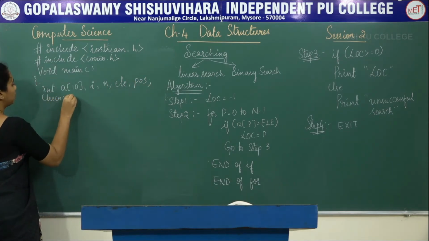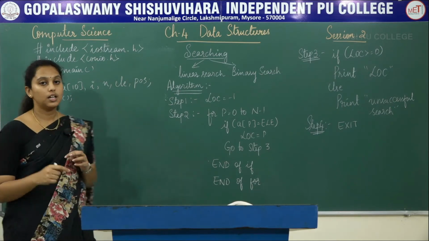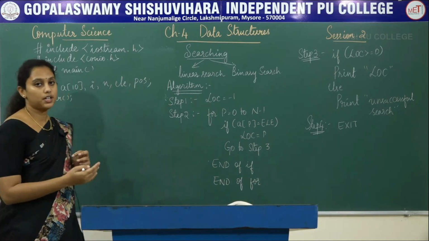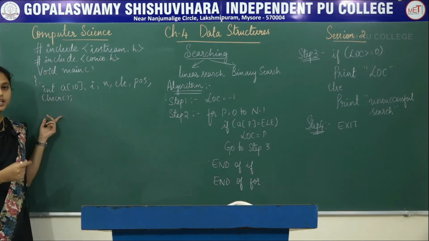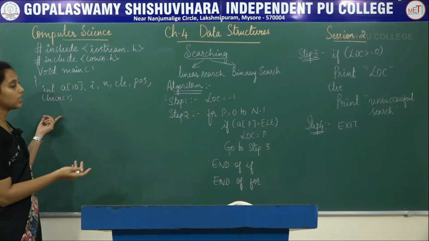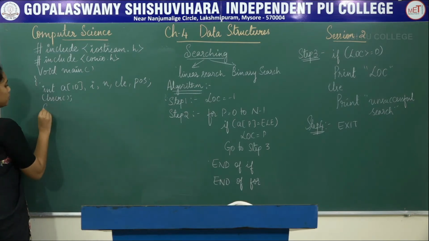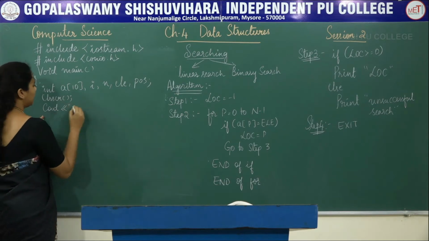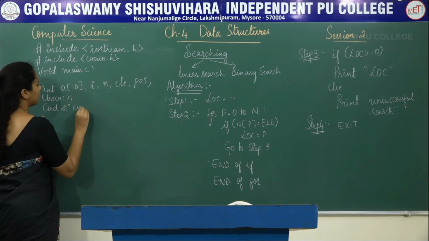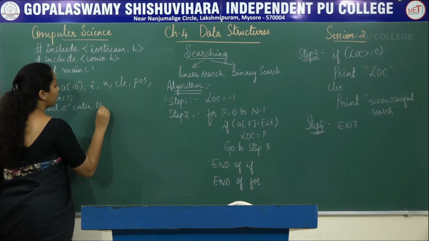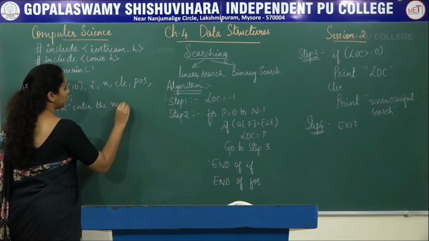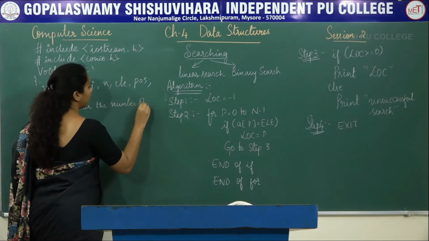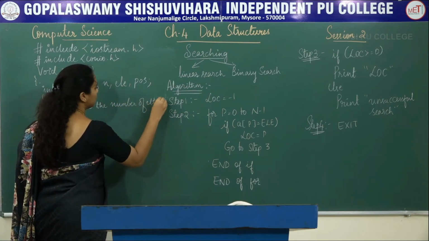First, what we have to do? We have to ask the user to enter how many elements we are going to store in an array. So for that we are going to use a cout statement, enter the number of elements.